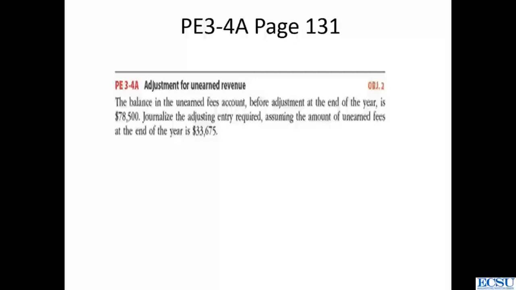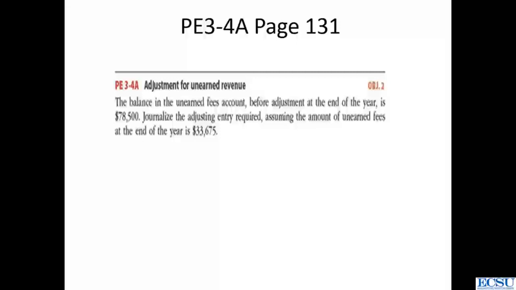Journalize the adjusting entry required, assuming the amount of unearned fees at the end of the year is 33,675. Now, before adjustment, it is 78,500. Now, if it is 78,500 and now it is only 33,675, so what has happened with the difference?